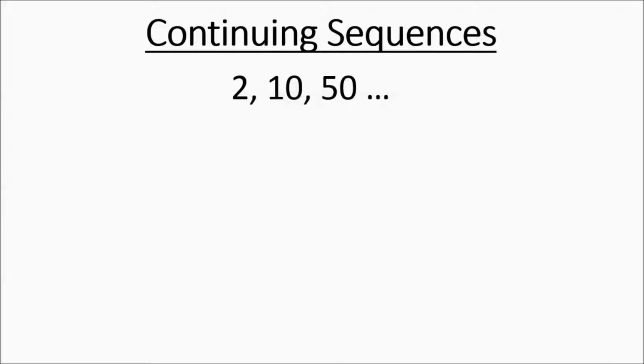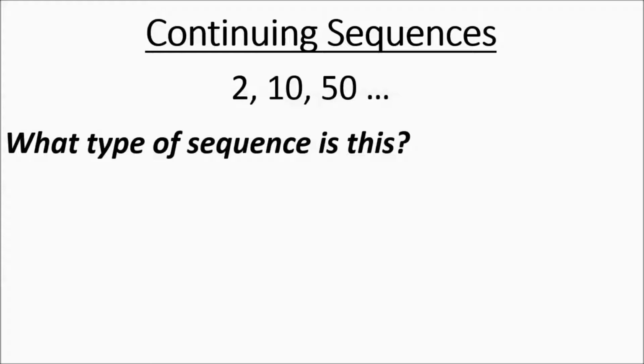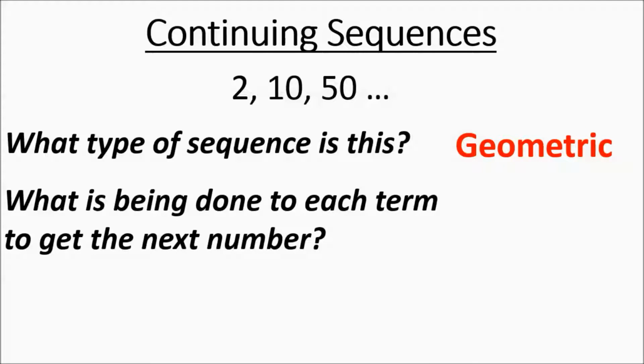Here's another one, 2, 10, 50. What kind of sequence is this? If you put them on a number line, they'd be getting further and further apart. This would be a geometric sequence. What are we doing? We're taking the 2. One quick way to figure out what's going on, you take the bigger number and you divide it by the guy in front of it. 10 divided by 2, 50 divided by 10, they both work out to 5.